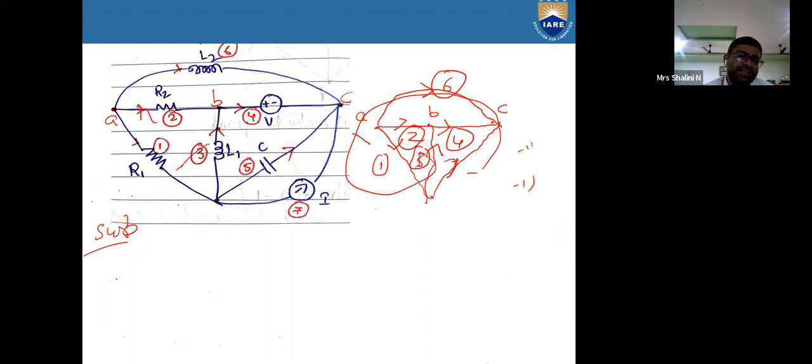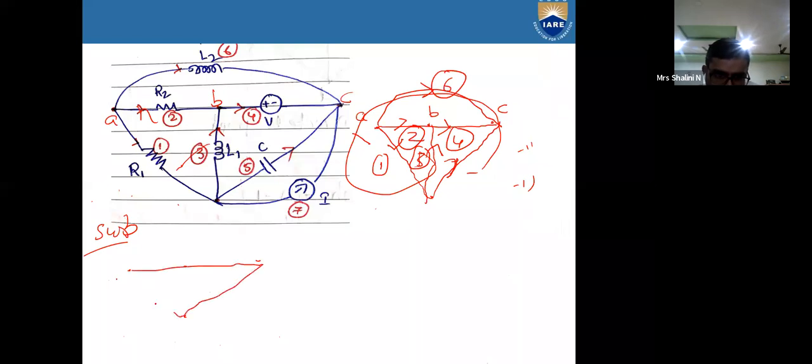Okay, one less than branch. For example, in your graph A, B, C, D, all the elements are present as branch elements. But what happened between AC? It is absent, no? Between AC it is absent.